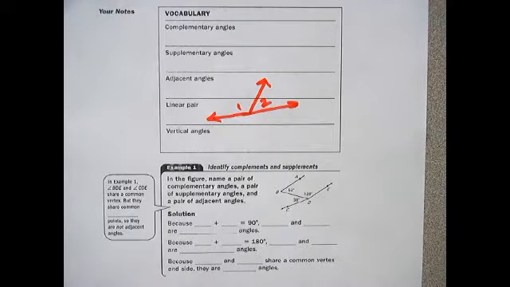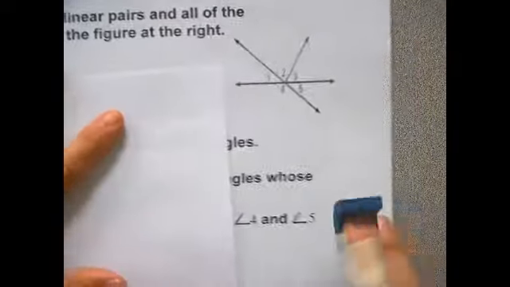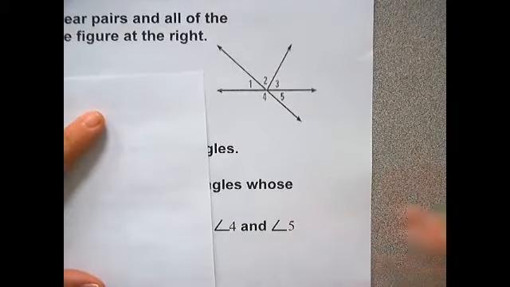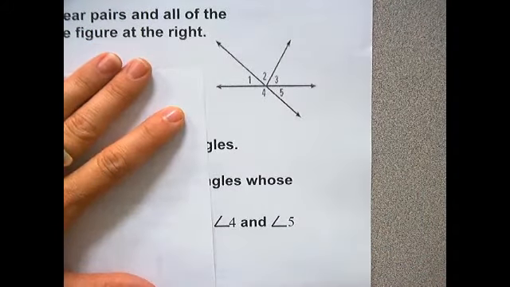Okay, we're going to finish up real quick by looking at a couple of problems that deal with this. The first one is, if you look at a diagram like this, can you identify all of the linear pairs?